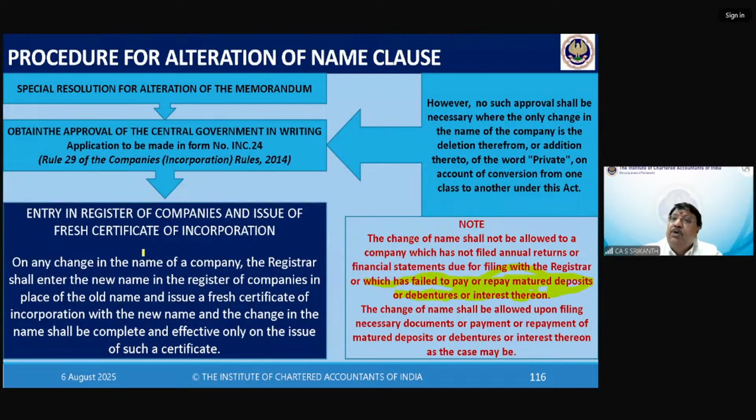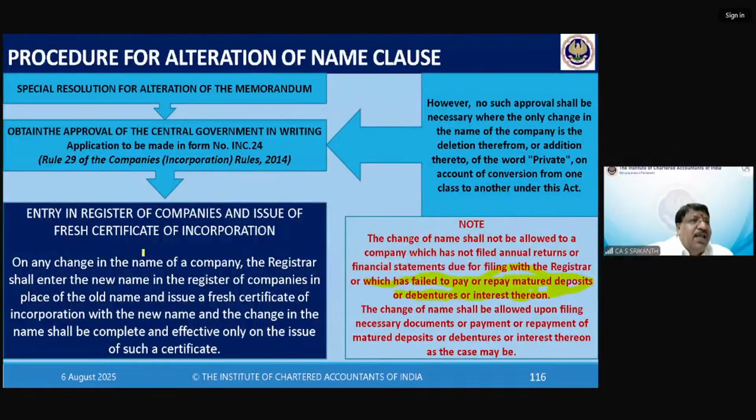Okay. But suppose the only change in the name of the company is the deletion or addition of the word private on account of conversion from one class to another. See, conversion from one class to another, you would have studied it, hopefully in preliminary. So it's only a matter of conversion. If it's only a matter of conversion from private to public or public to private, only the addition or deletion of the word private, as the case may be, then no need for approval of the central government.